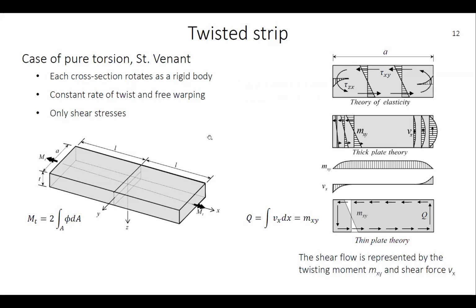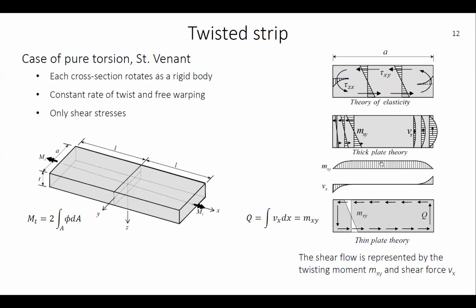And if you look at the mid cross section here, according to the theory of elasticity, you will have a constant shear flow like this along, or linear over the section like this. And if we have thick plate theory, you will have your twisting moment mxy along the section, which is constant in the section, and along the free edge it goes down to 0.